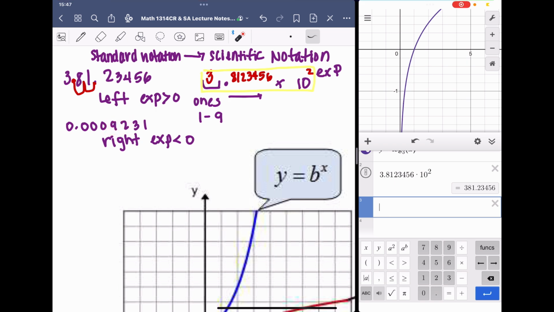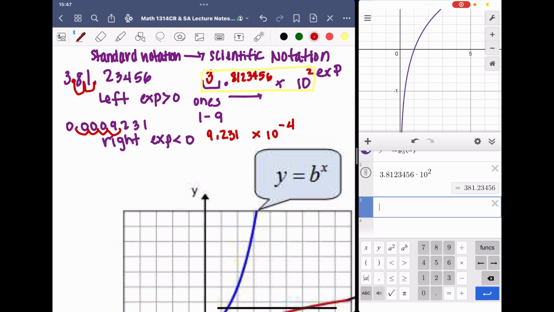It's going to move to the right. 1, 2, 3, 4. So our new answer for scientific notation is 9.231 times 10 to the negative 4.